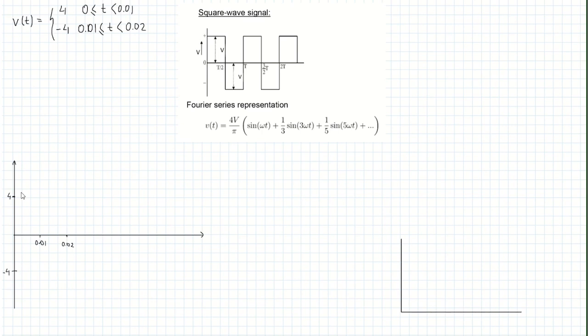Of course, we can mark additional points as well. Our signal takes value 4 from 0 to 0.01, and then the value of minus 4 from 0.01 to 0.02, and this pattern is repeated every 0.02, which is the period of the function. 0.02 is the value T, 0.04 is the value 2T, and 0.06 is the value 3T.